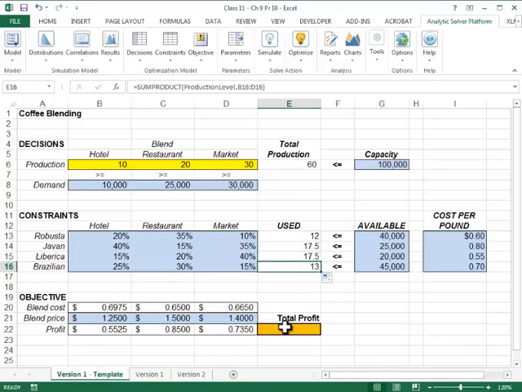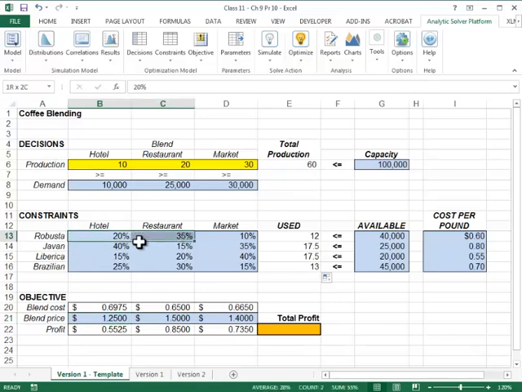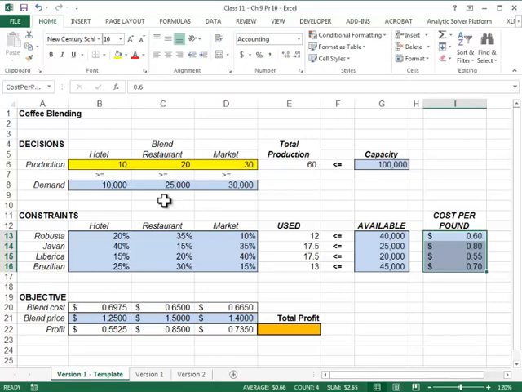The next thing I need to figure out is the total profit. In the problem, I'm given the price of each blend, but I don't know the cost of each blend. In order to find the cost of each blend, what I can do is look at 1 pound of a blend and figure out what percentage of what type of beans that pound uses, by using the cost per pound values here.